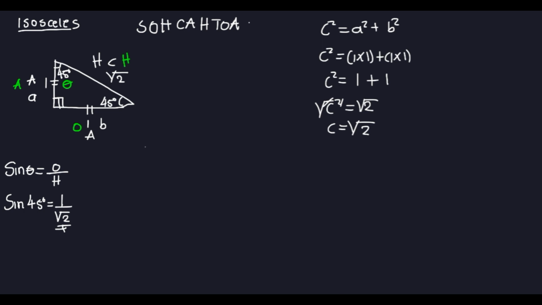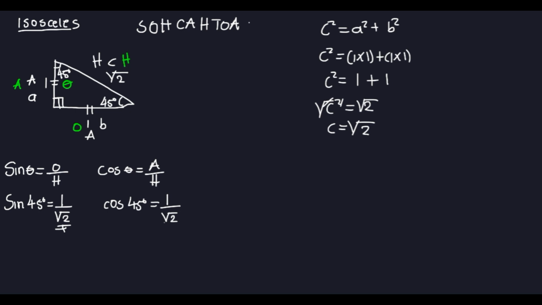Let's look at the CAH from the SOHCAHTOA. That is cos theta is equal to adjacent divided by hypotenuse. So cos of the angle 45 is equal to the adjacent, 1, over the hypotenuse, root 2.